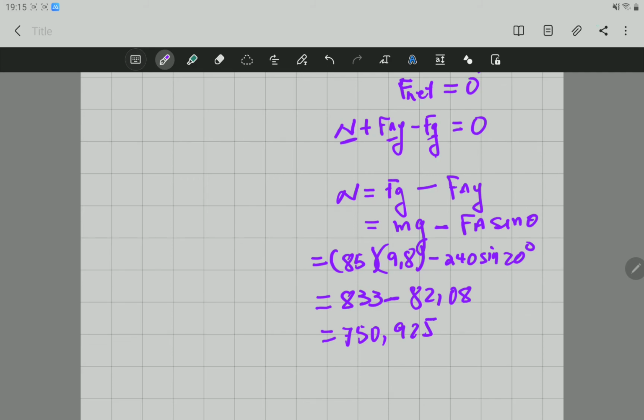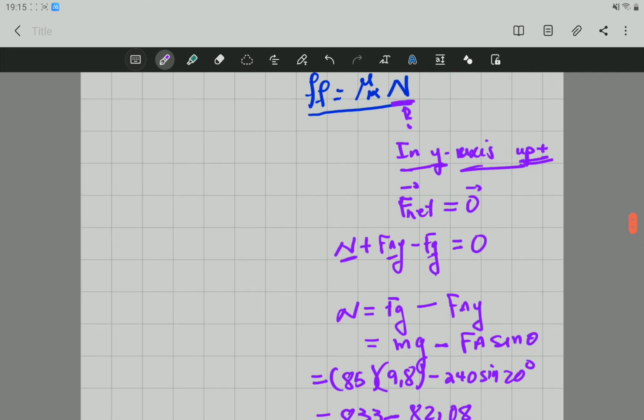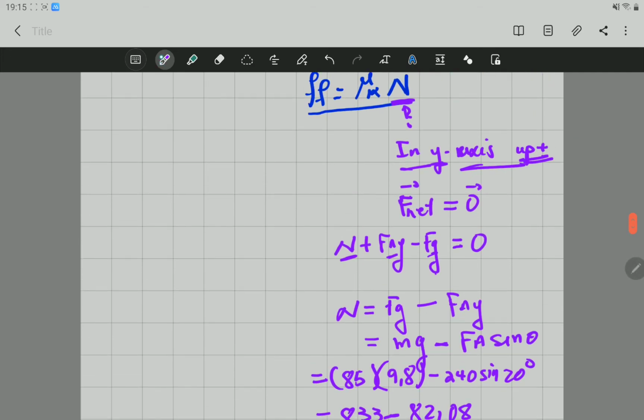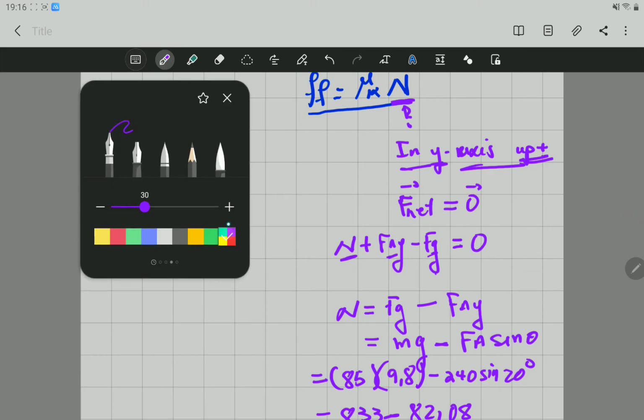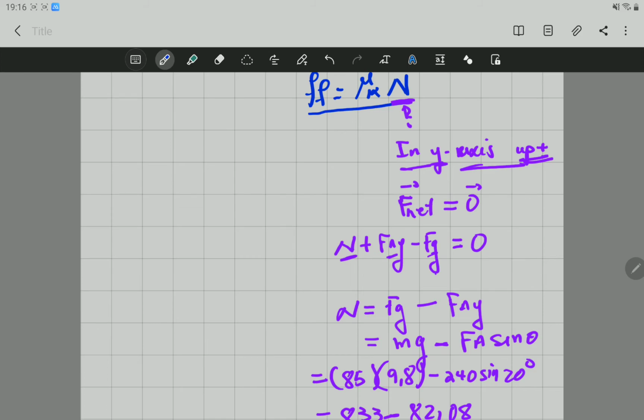All right, so let's substitute the normal into the equation of frictional force. Let's go back to the color that we were using for frictional force. This answer of normal must go in there.